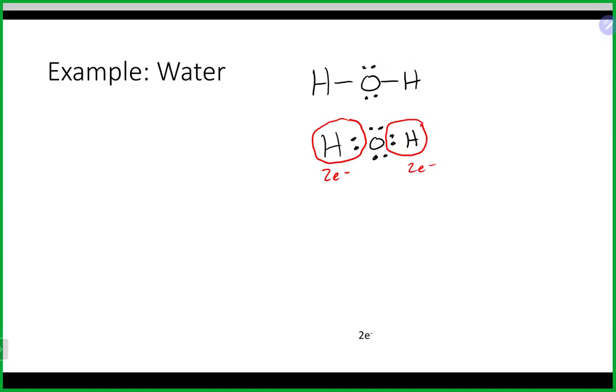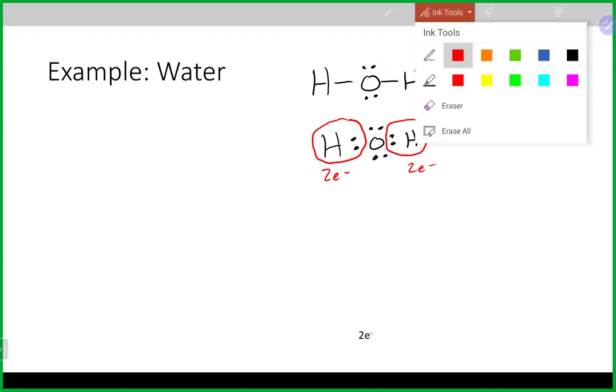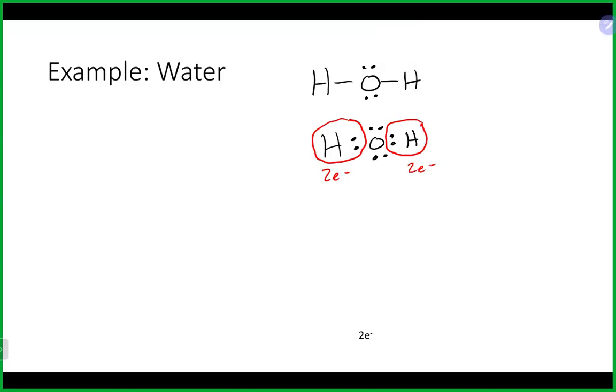Now the oxygen in the middle, which by the way, since it's group number 6, started with 6 valence electrons, by sharing with both of the hydrogens, will now end up with how many electrons? It will end up with 8 electrons. So once again here, what we see is through sharing of electrons and covalent bonding, all the elements involved in the bonds have ended up in that noble gas configuration, going to make it really stable.